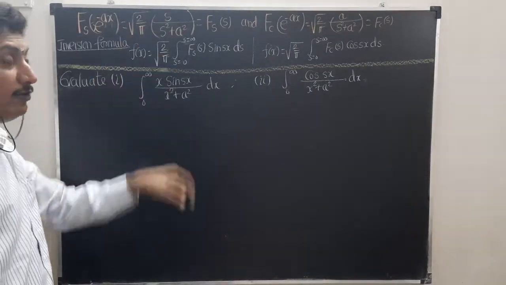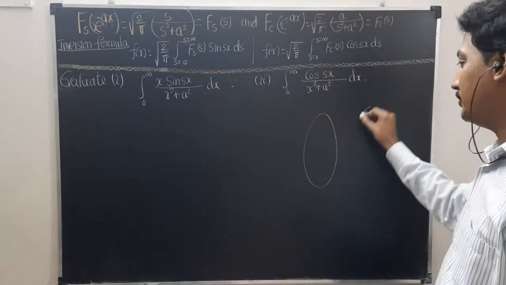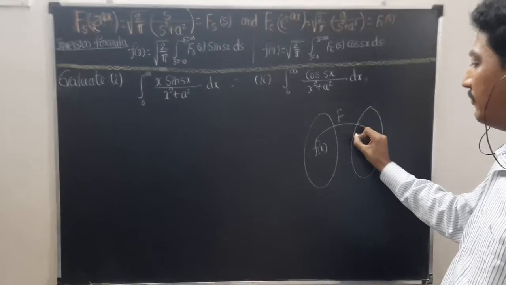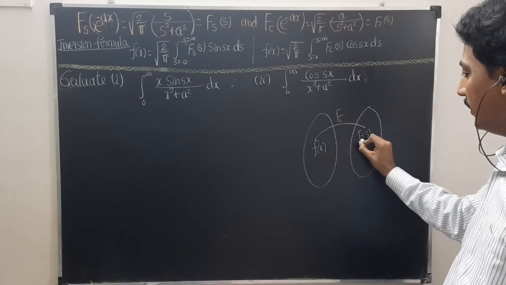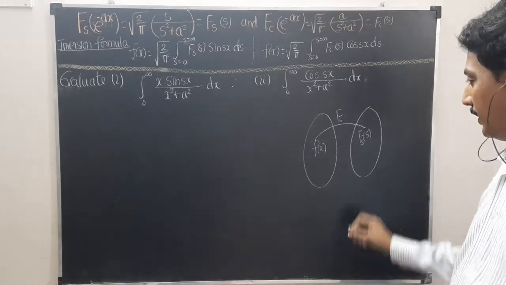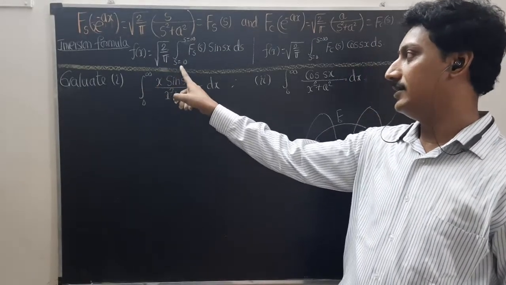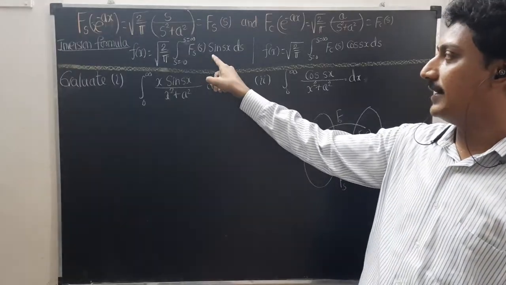And the corresponding inversion formula, because as you know the transformation is between two sets: the input is f of x, and the Fourier transform we get is f of s. The same case holds under the Fourier sine transform, so this is the f of s. Once this exists, the inverse is possible. The inversion formula has the input s and the outcome x: root 2 by pi integral s equal to 0 to infinity fs of s sin sx ds.